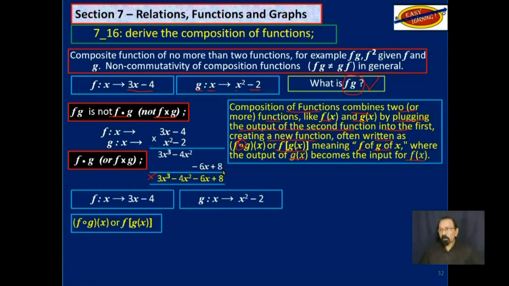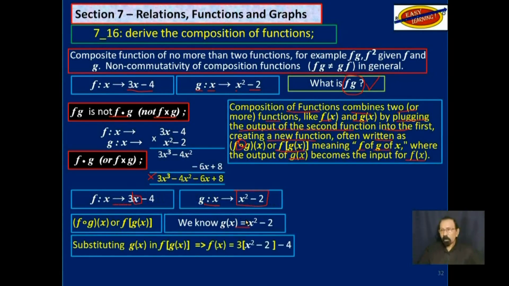So let us say we want f of g of x. Now this is f. This is g. What we will do, we will take out that x from there and put in this g of x. So we know what this is, g of x. So now that 3 there is this 3 here. This -4 is still that -4.